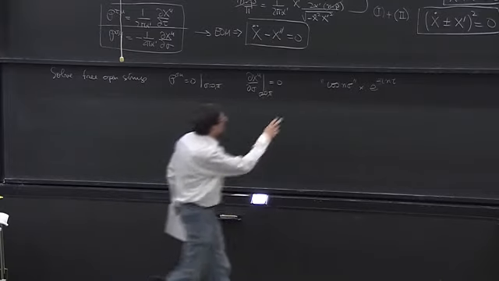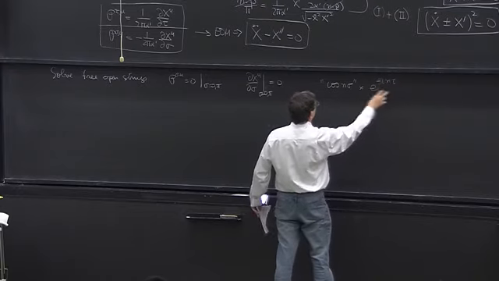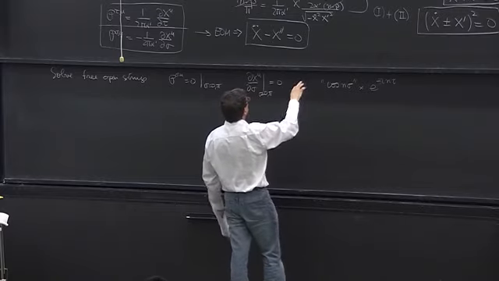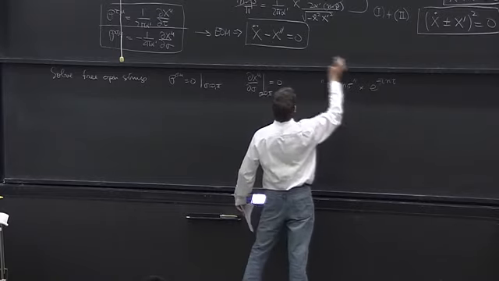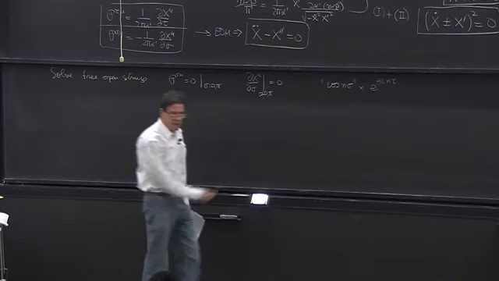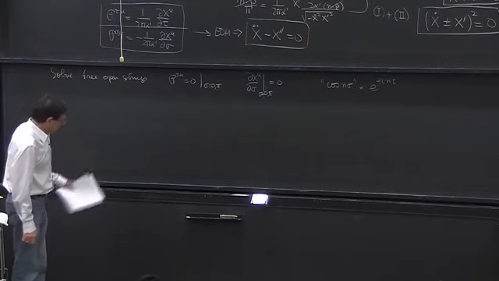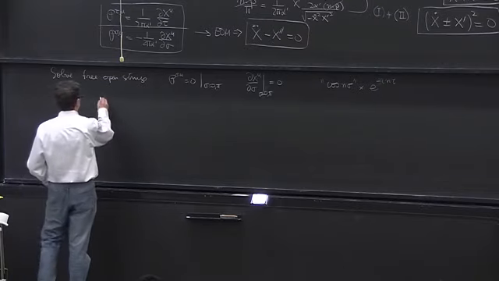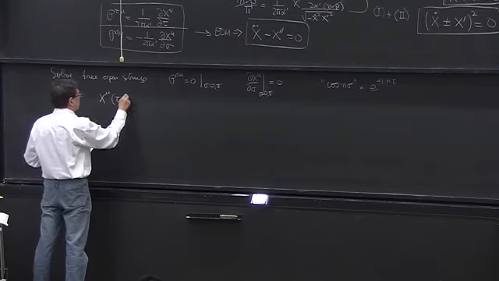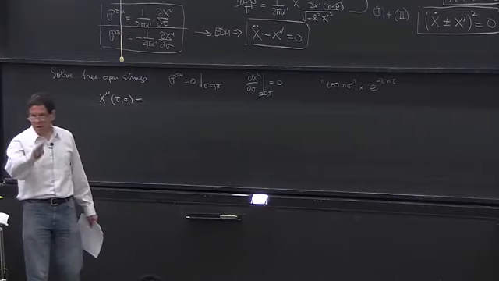So this involves sines of n tau and cosines of n tau, and those satisfy this wave equation. If you take 2 derivatives with respect to tau and 2 derivatives with respect to sigma, they solve the wave equation. So how do we write this? Now, bear with me a little. What's the most general solution of this wave equation?